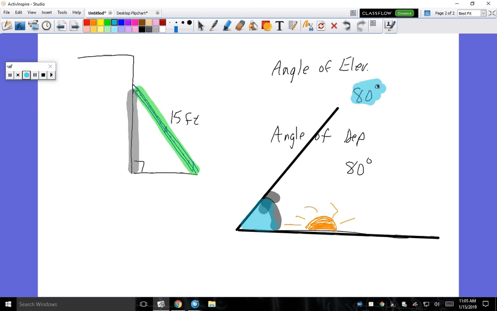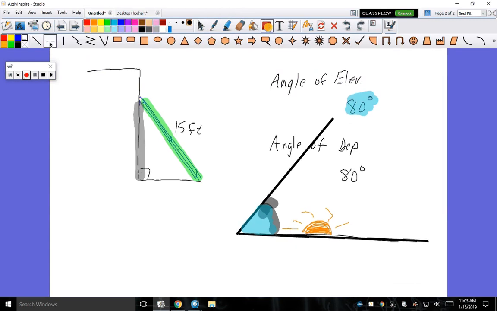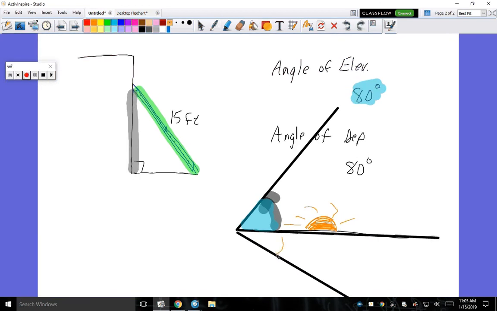An angle of depression is, to me, depressing. It's like when the sun goes down. From a horizontal, you're not going to go up, you're going to go downward. So this depression would look like this. Whatever this depression angle is, that would be the angle of depression.